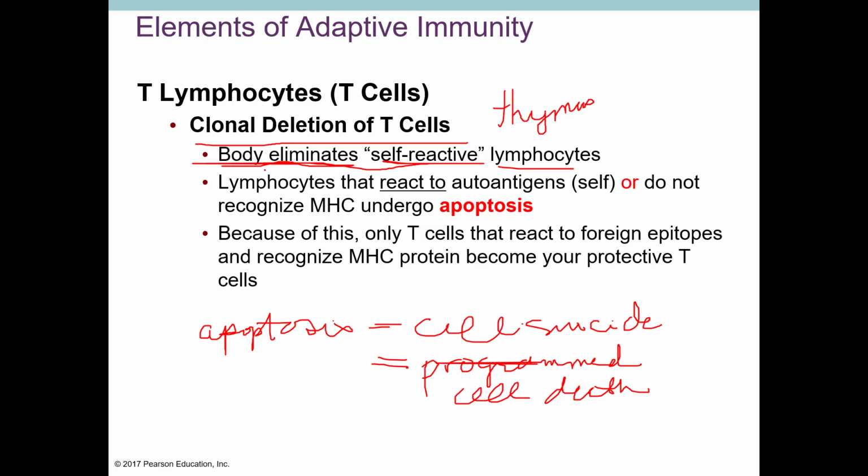But let's assume this goes properly. T cells that don't react to self are left. The ones that do react to self die, and the other ones are left. And so presumably those would be the T cells that can react to any foreign thing that comes into your body. And those are your protective T cells.